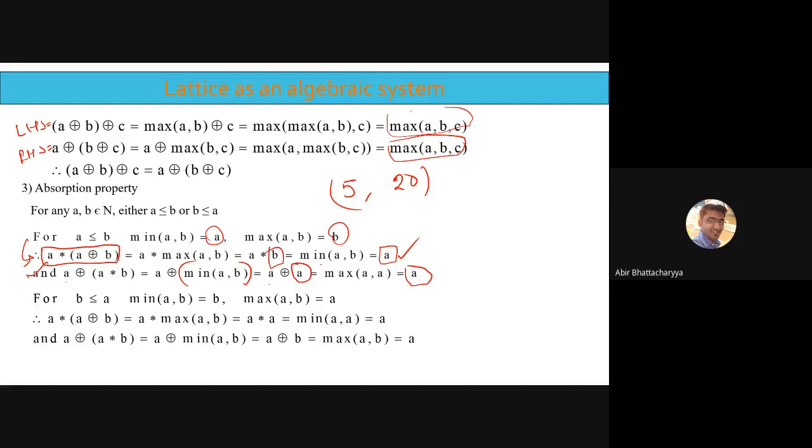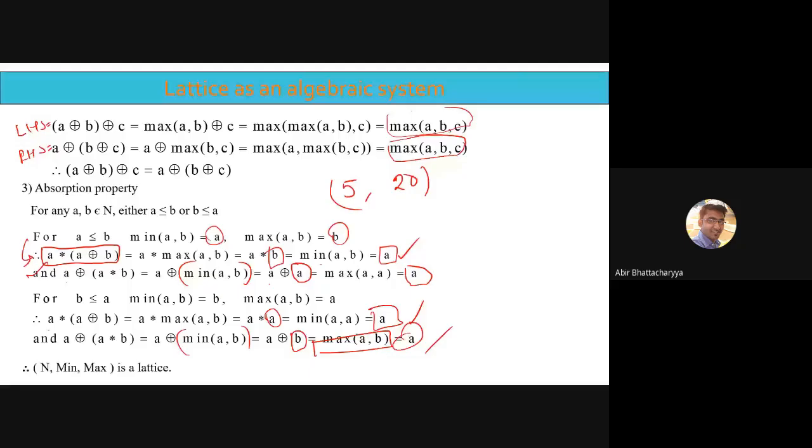In the same manner, we can check that A star B, that is the minimum, and the maximum of A, B here is A. So the minimum of A, A gives A. Similarly, A plus circle A star B equals A plus circle minimum of A, B, and the minimum equals B. So finally, since A is greater than or equal to B, the maximum of A, B is A. So in any case, we are getting the right side equal to A only.